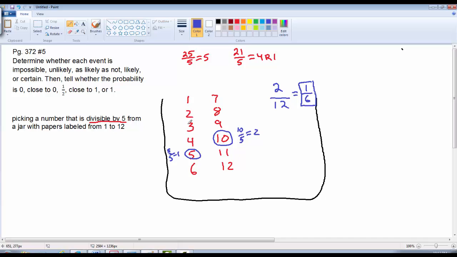Okay, so now we have to determine where everything is. I'm going to bring up my number line. Put our 0, then over here put our 1, and right in the middle we have our 0.5. Remember, our 0 means that something is impossible.